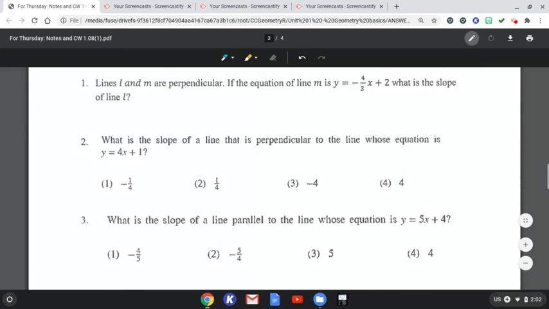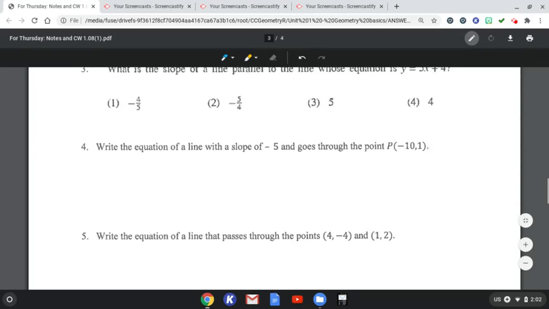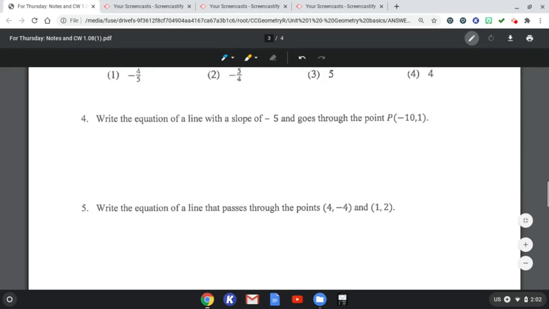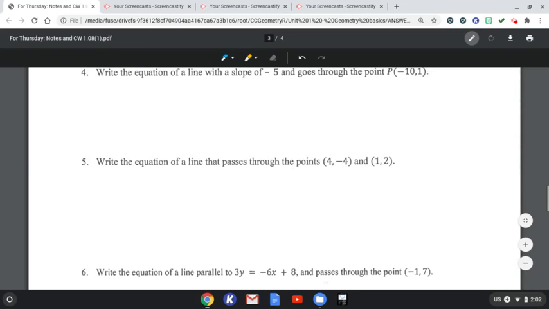questions 4, 5, and 6 here correspond to, in the notes for number 5 here, I want you to see Notes 1.08, question number 4.